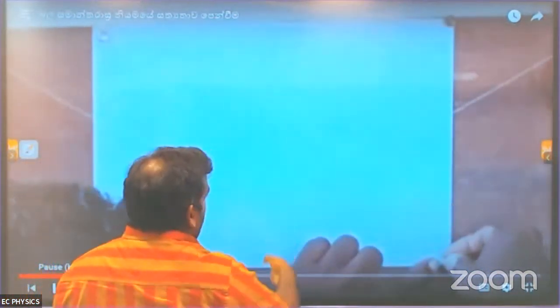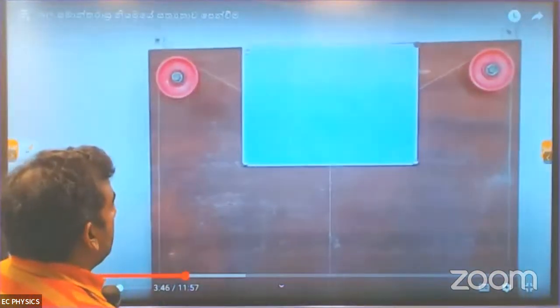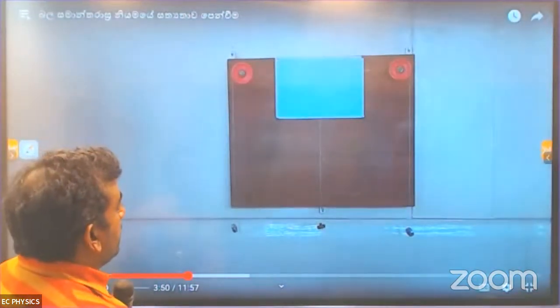The string segments meet somewhere there in the middle. So the drawing board is put. There you go. That's the setup.